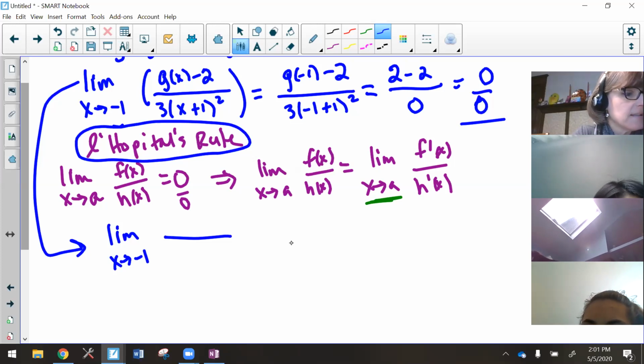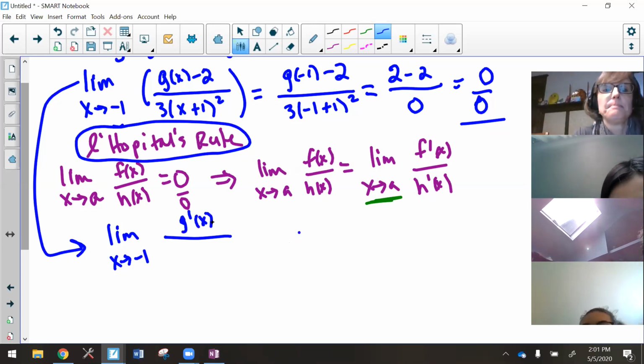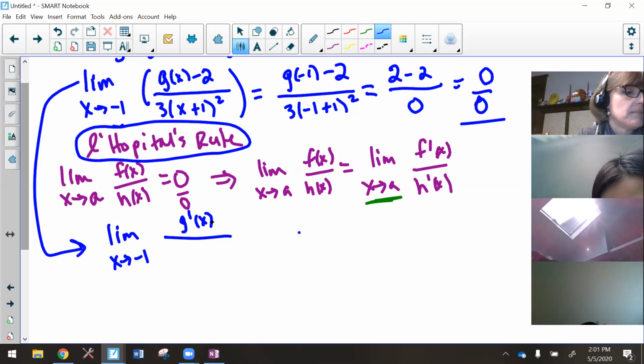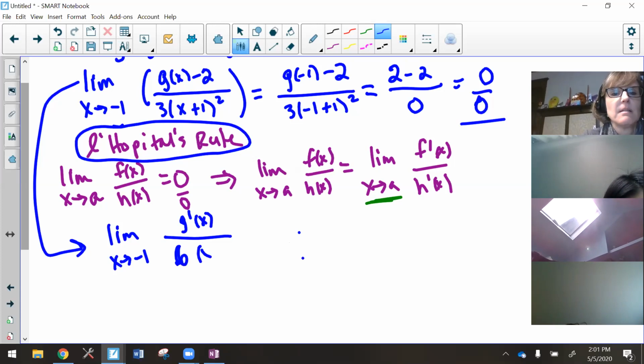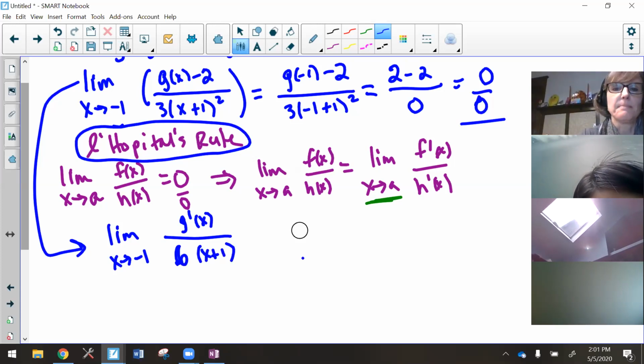Not necessarily. But what's the derivative of g of x minus 2 going to be? G prime of x. Yeah, g prime of x. And then what's the derivative of the denominator going to be? 6 times x plus 1. Yep. 6 times x plus 1.